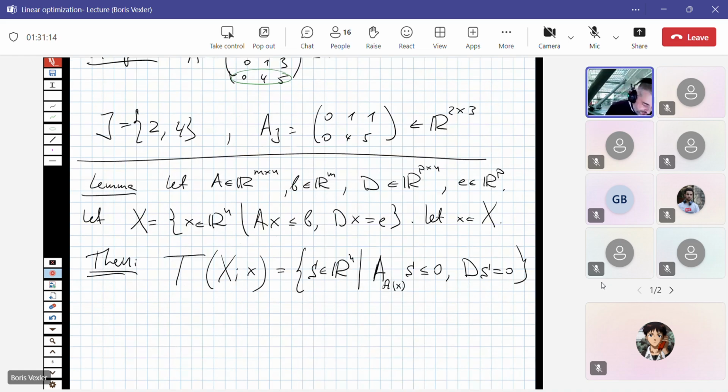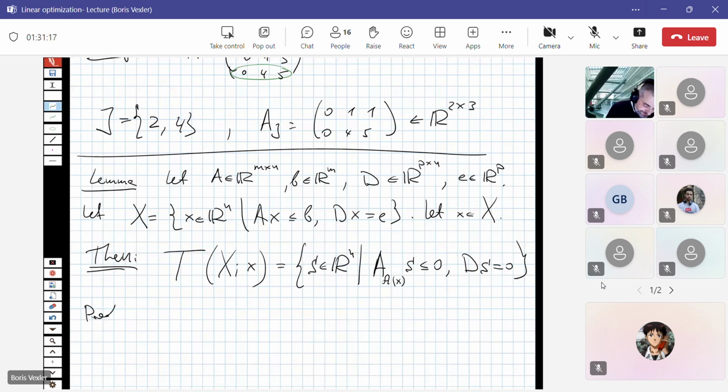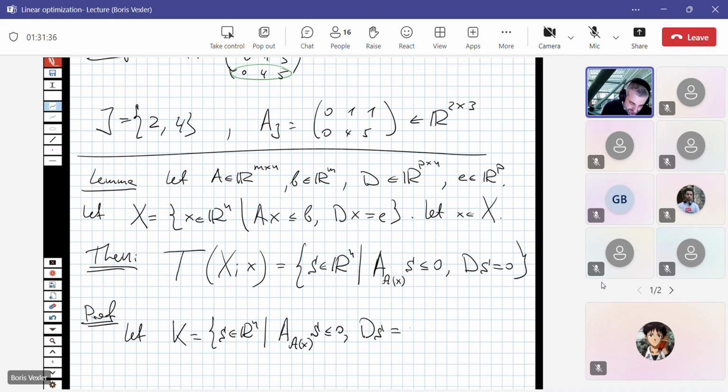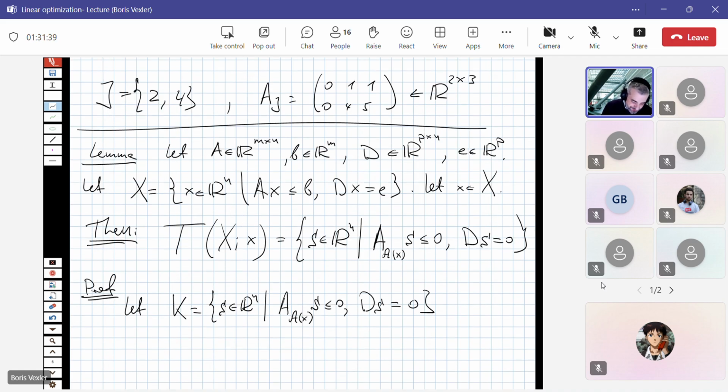Okay, how the proof works. Let capital K be the set of all s in Rn such that A_A(x) s is less or equal than 0 and Ds is equal to 0, and therefore we have to prove that the tangential cone is equal to K. As all the time, if we have to prove the equality of two sets, we have to prove two inclusions.